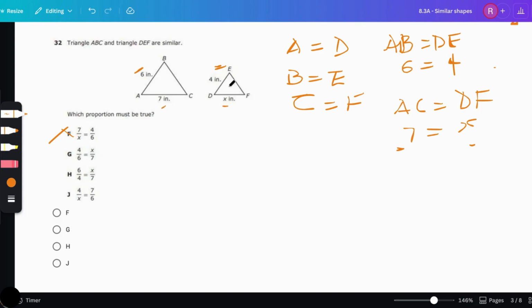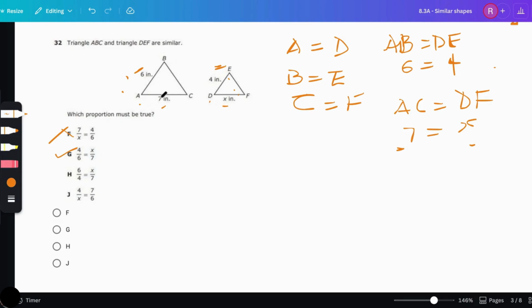This is correct. So if you are choosing from the small triangle first, you must always maintain that. So 4 over 6, 4 is from the small triangle, 6 is from the big triangle, X is from the small triangle, 7 is from the big triangle, and the sides are equal. Side DE is equal to AB.